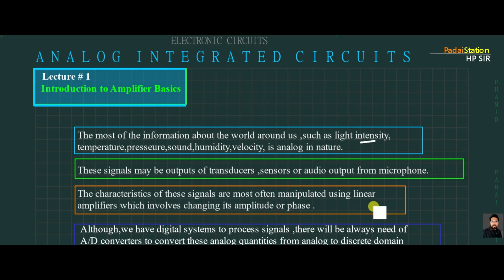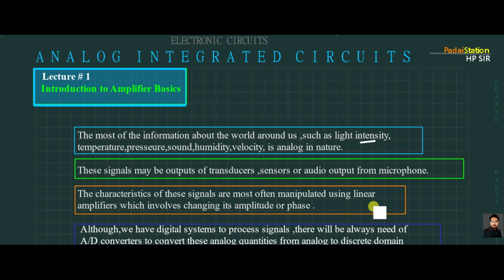There will be these circuits always in the front end electronics. Without that, we can't sense the outputs of transducers, sensors, and the audio outputs from microphones and so many transducers which we use in robotics, in PID controller design. So, most often, the characteristics of these signals need to be processed and manipulated.